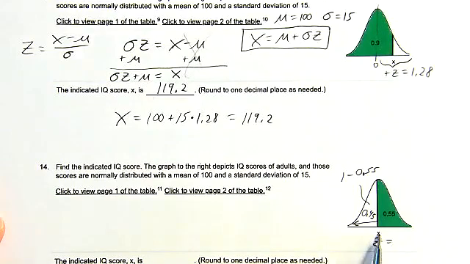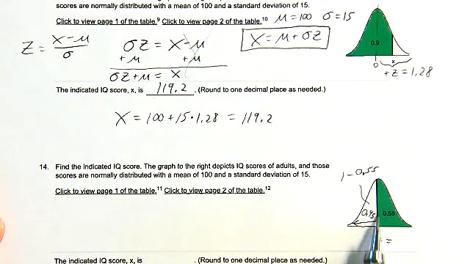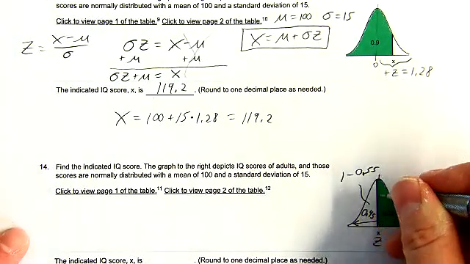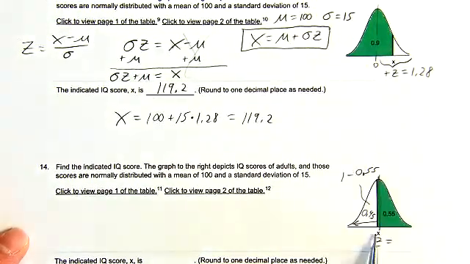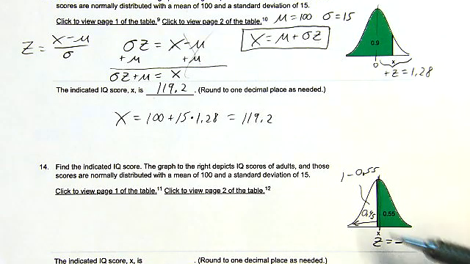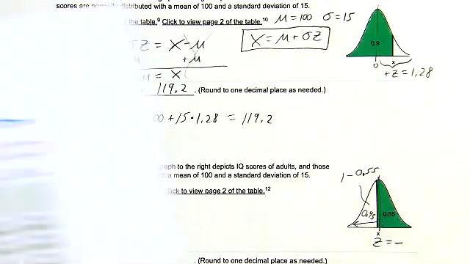Now notice this x value is to the left of the middle. So the middle would be right here. It's to the left of that, so we know that the answer is going to be a negative z value. So we go to the negative z-score table, and we're looking for that area, 0.45.